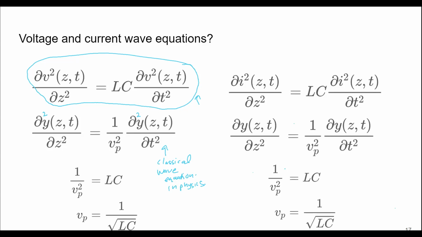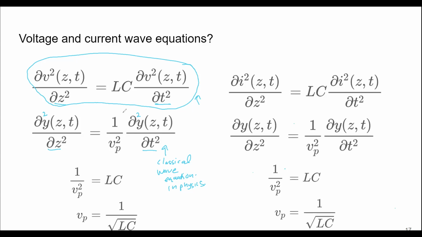There's a square term of the displacement, the voltage, with respect to time in both the equations, and the derivative with respect to Z is there in both terms. So the same parameters, Z and T, are taken into consideration in both equations, and based on Z and T these parameters are varying.